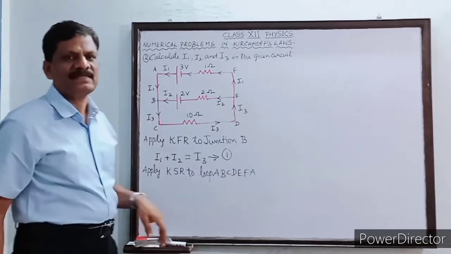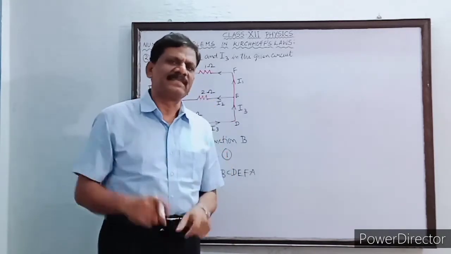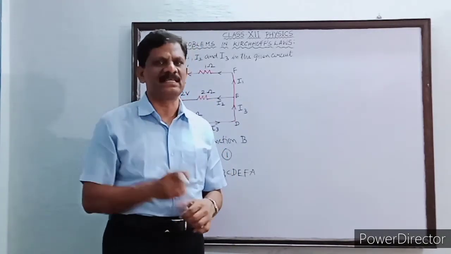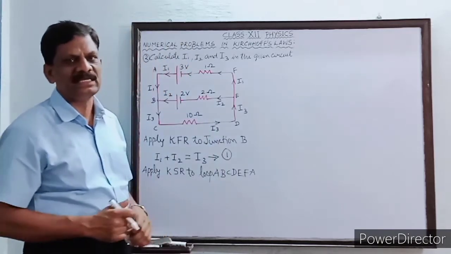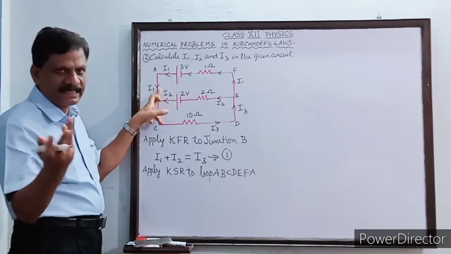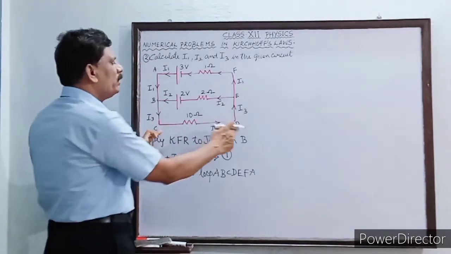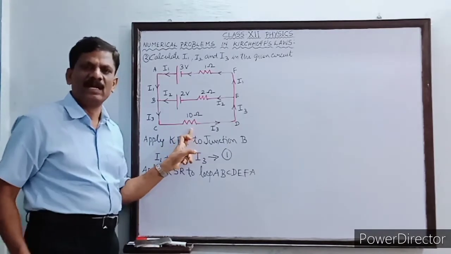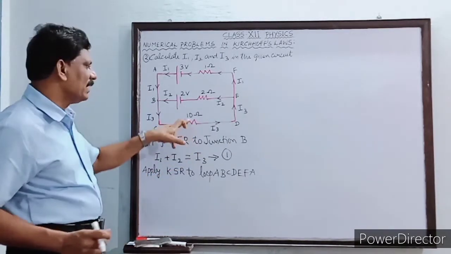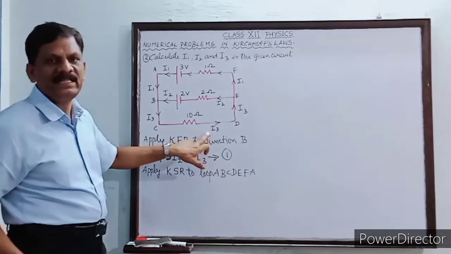In this loop, the second law means the algebraic sum of the I R products in each side. Now you see that from A to B there is no resistor, B to C also no resistor, and C to D, how many resistors are available? Only one resistor, of 10 ohm. What current is flowing through that? I3.